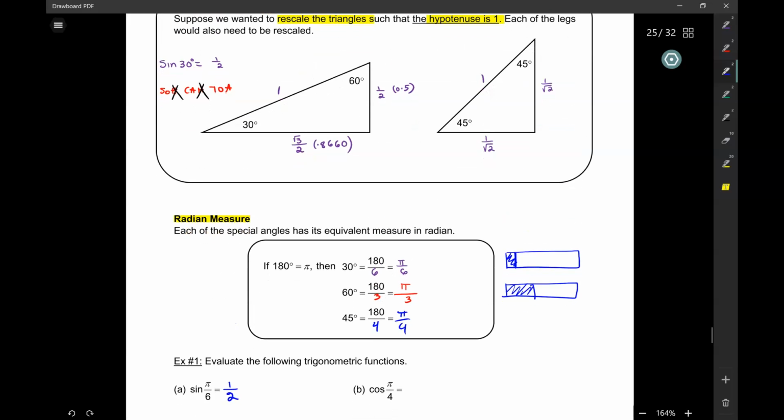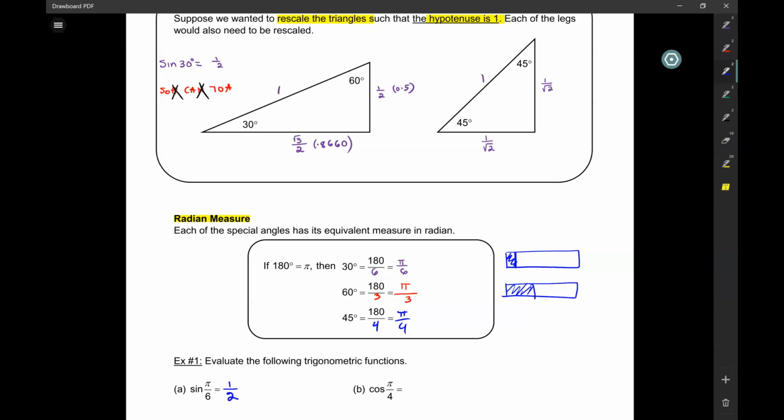Why is it just the opposite? Because it used to be opposite over hypotenuse, so this divided by this. But now that this is 1, I'm saying 1/2 divided by 1, and divided by 1, you could skip it. So we just skipped that part. I just don't understand why.